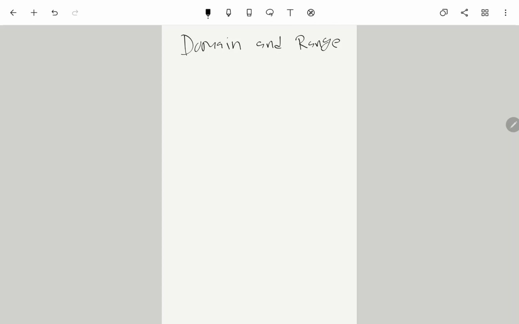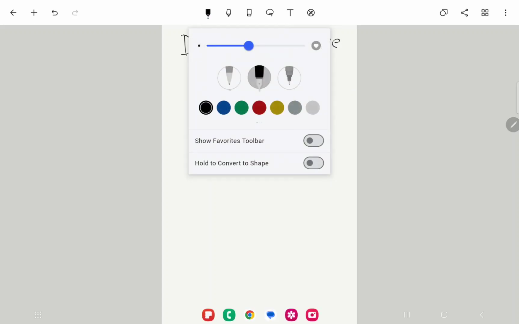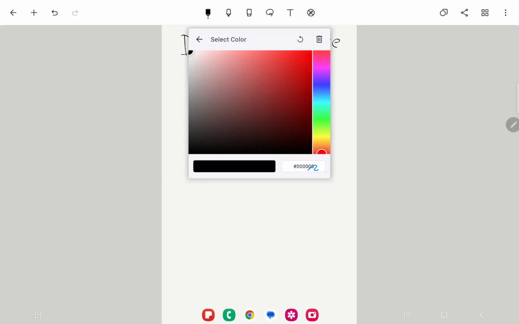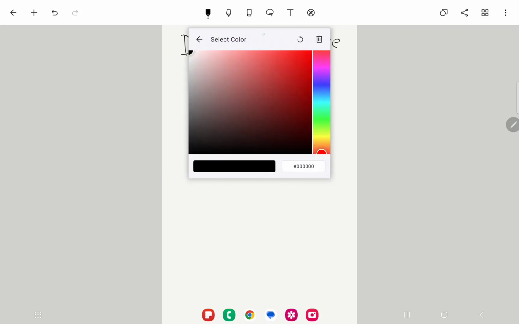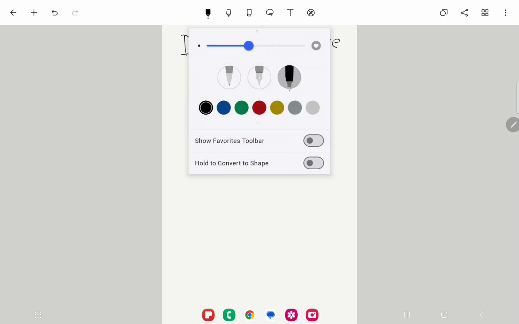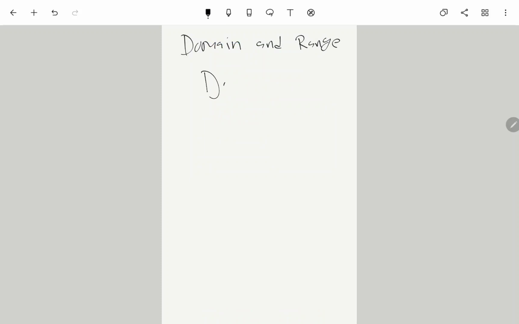So remember, the domain is read left to right in a graph.